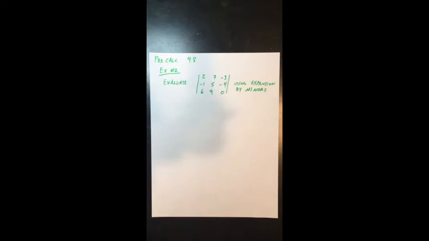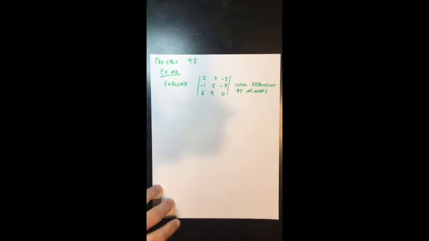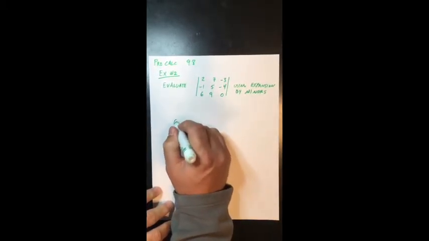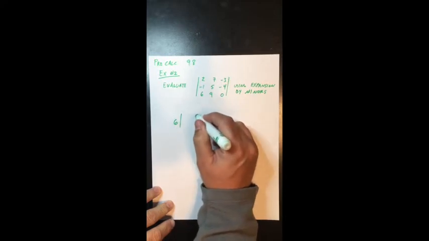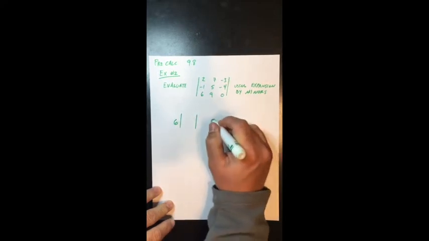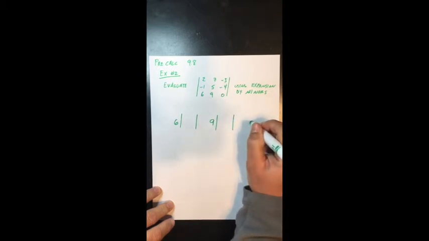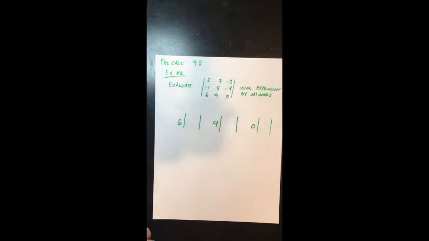I'm going to pick a row that has a 0 in it. So I'm going to expand along the third row. I'm going to have 6 times some determinant, 9 times some determinant, and 0 times some determinant that actually won't even matter because multiplying by 0 makes it go away.